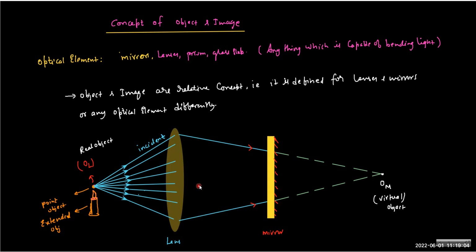We can say that the image is obtained or defined with respect to the reflected or refracted rays. So the reflected or refracted rays will decide the image position. So for the lens, if you trace in this direction, we only look for the direction at the exit point. We don't see further.